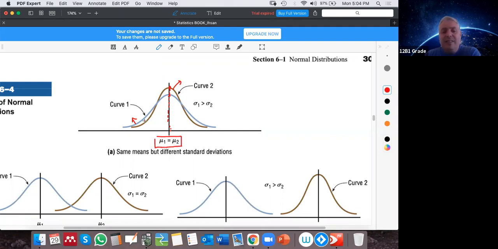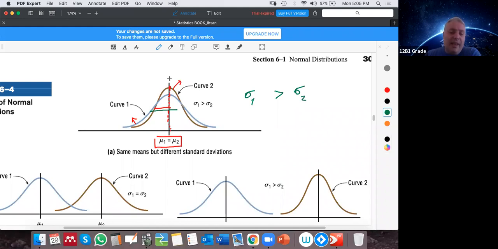But when I look at the tails, this green tail is longer than the red one. And why? The reason is the standard deviation of the green one is greater than the standard deviation of the red one. So let's say sigma 1, sigma 2.